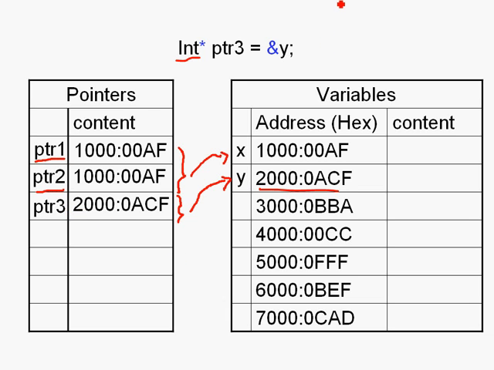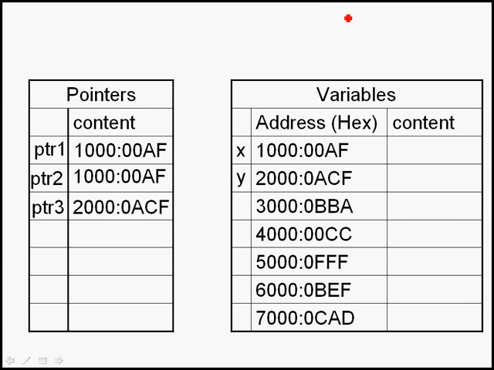Okay, let's move on. Now I want to assign a value to x. I want to put a number here, 5, 12, whatever. So what I do, I just write x equal 5, which is very, very simple. But because we declared the pointers ptr1 and ptr2, and they are pointing to x, we can use them.